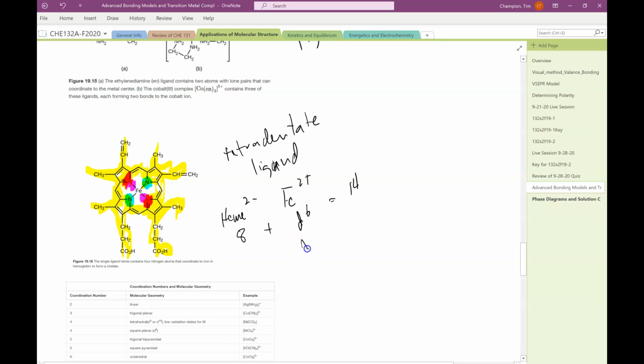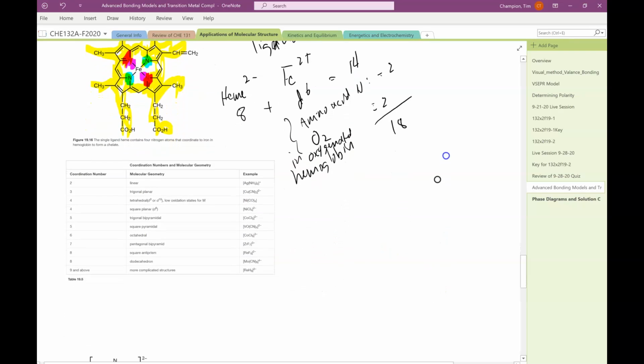So the amino acid, which has a nitrogen, that's 2 more, and O2 gives us 2 more. And so in hemoglobin, and I should preface that in oxygenated hemoglobin, it's an 18 electron complex.